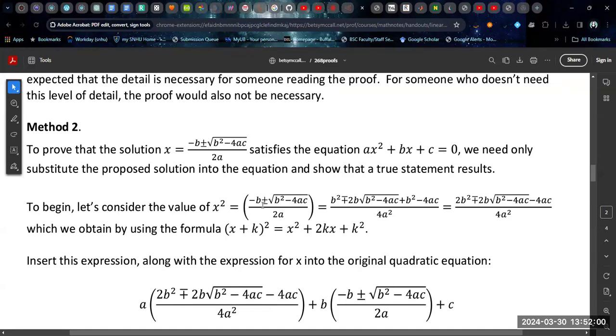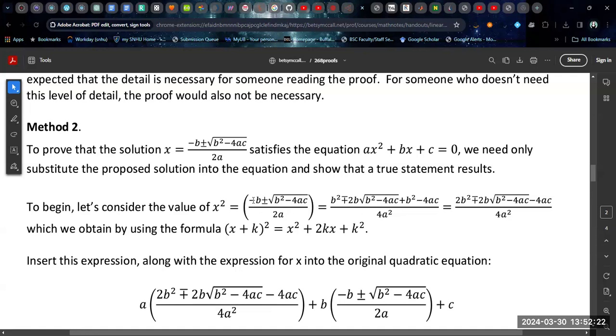And now, of course, I have all this computation that I have to FOIL this numerator out. Squaring the denominator isn't a problem, but now I've got to multiply minus b times minus b is b squared, but then minus b times the square root is going to be minus b times the square root.